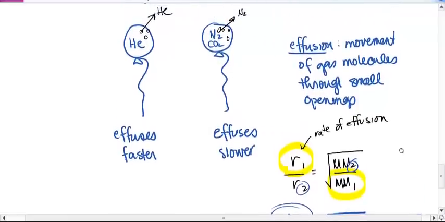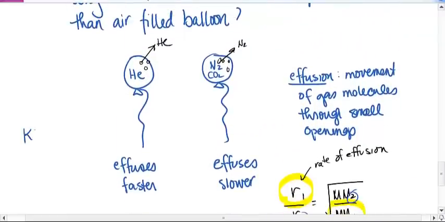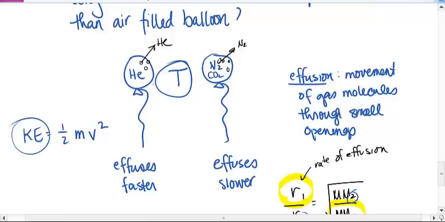And so as a result, if we even go back to kinetic energy, we're talking about the same temperature here. So kinetic energy isn't changing, but if they are smaller, they must be moving faster.